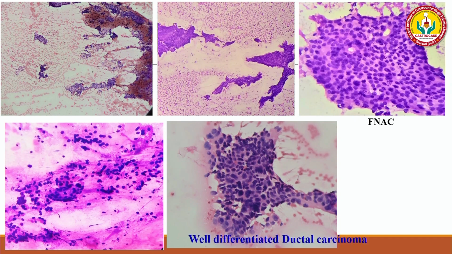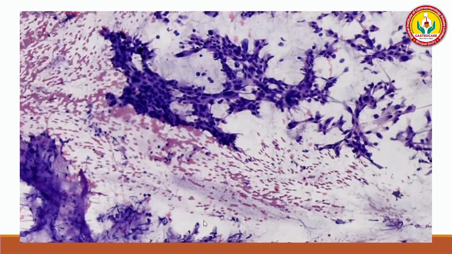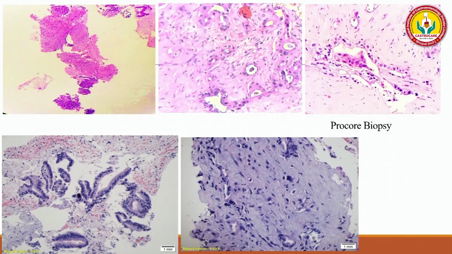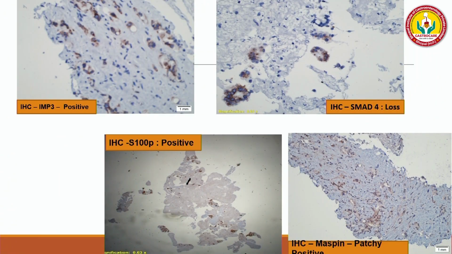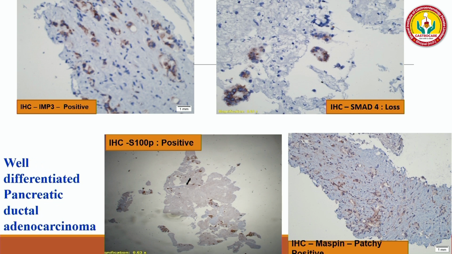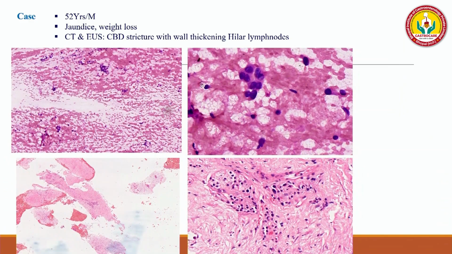But if you have a cell block like this, it shows the good infiltration of the lesion into the stromal tissue. So with this, we can definitely give a diagnosis of pancreatic adenocarcinoma, or you can use ancillary tests like IHC for pancreas, like IMP3, S100P and MASPIN, which are positive in adenocarcinomas, and SMAD4 is negative, and SMAD4 is positive in the benign cells.